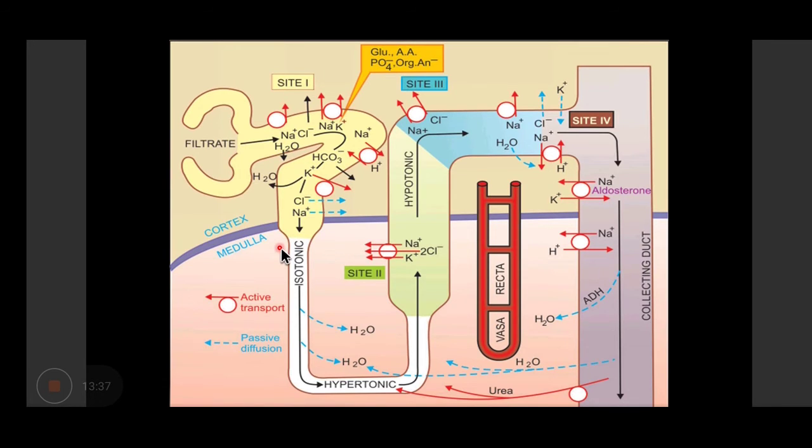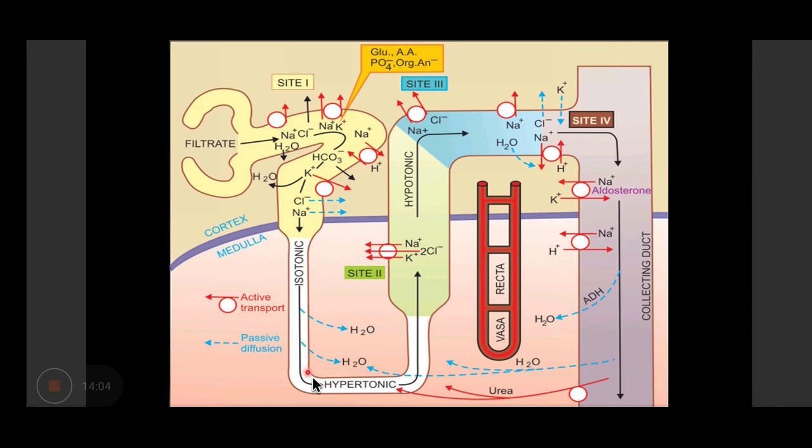Now there is something very interesting: the descending limb of loop of Henle is impermeable to ions, but it is permeable to water. When the ultrafiltrate comes from the PCT and moves down, it is more or less isotonic to the medullary fluid.